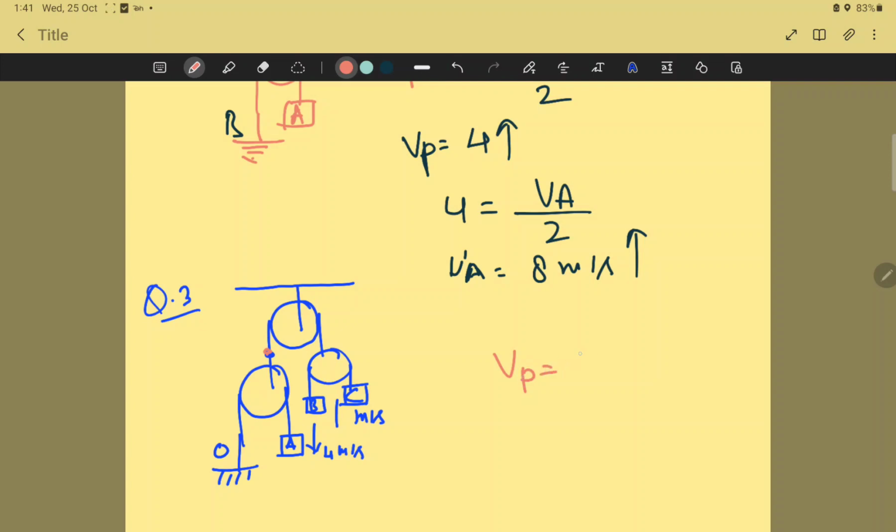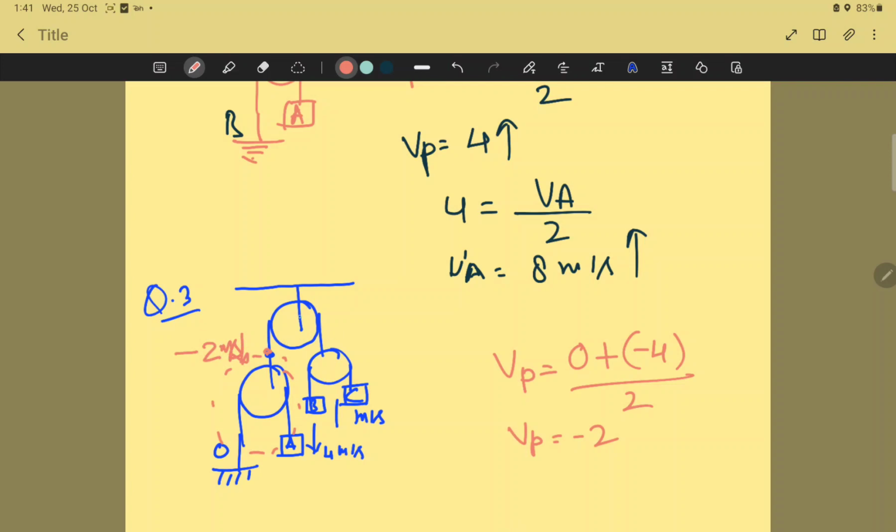Vp is equal to 0 plus minus 4, because 4 is in the downward direction. Let's solve the system first, divided by 2. So Vp is minus 2, so minus 2 in the downward direction.